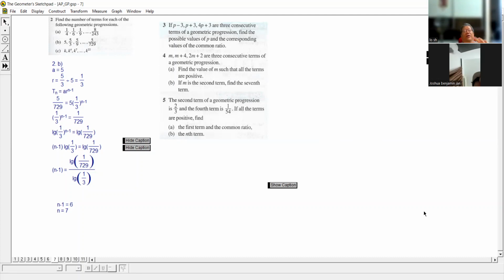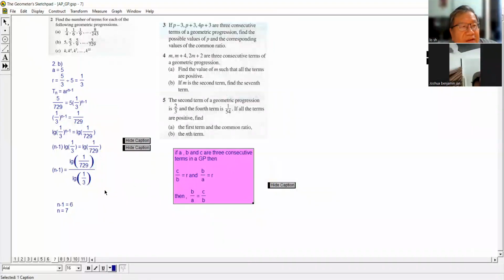For a geometric sequence, you take the number behind, divide by the number in front. What must you do to find the R? Divide. Okay. So now, let's say A, B, and C are three consecutive terms in a geometric sequence.